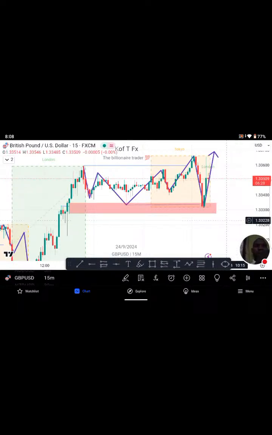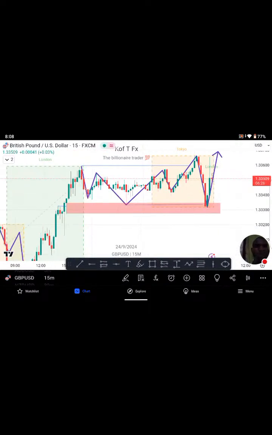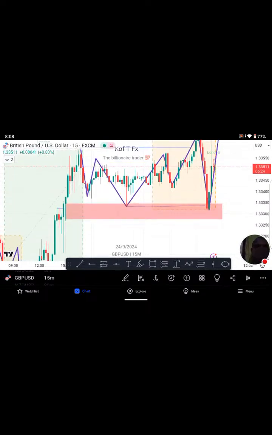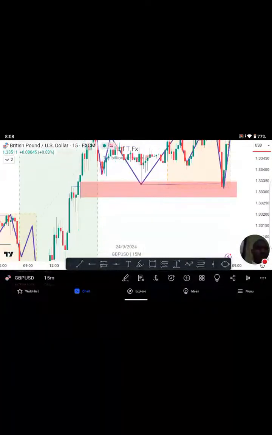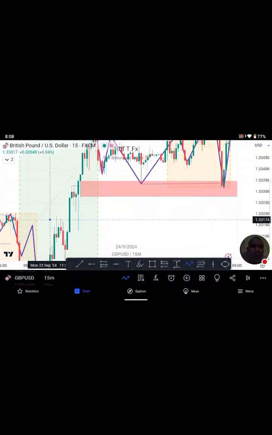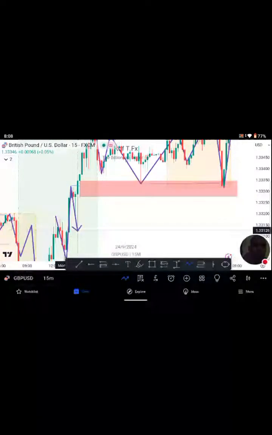Following the logic, we have this structure here, then this eye, we have this pullback for price going up.